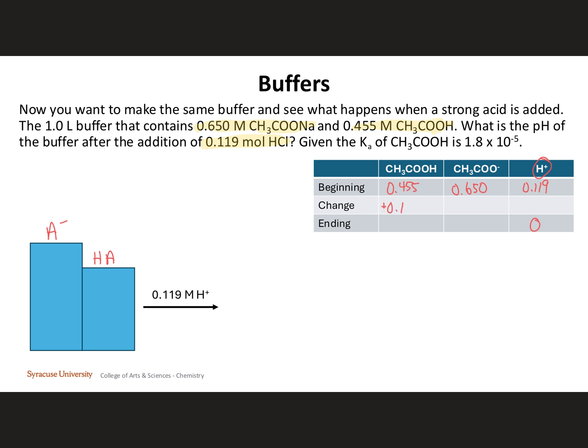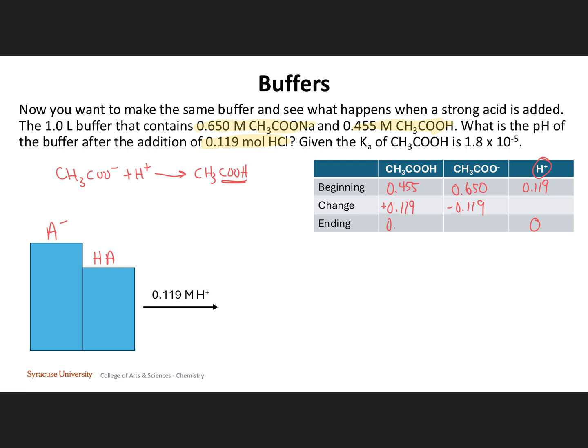So I want to add that concentration over here, because the reaction we're seeing, my conjugate base will react with a strong acid to form more of my weak acid. So I subtract here.